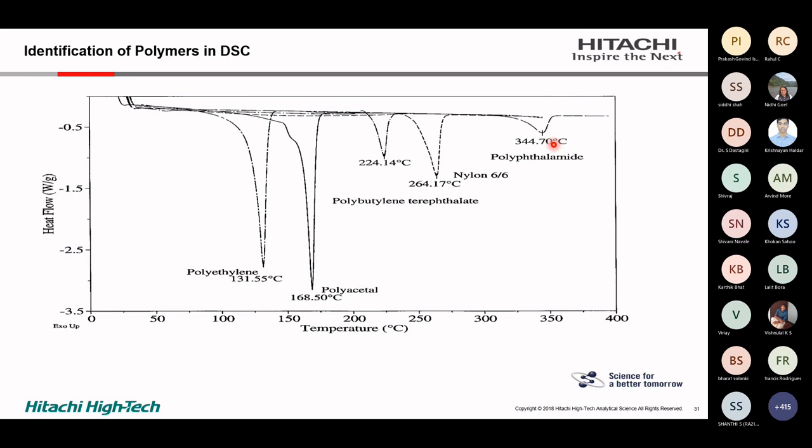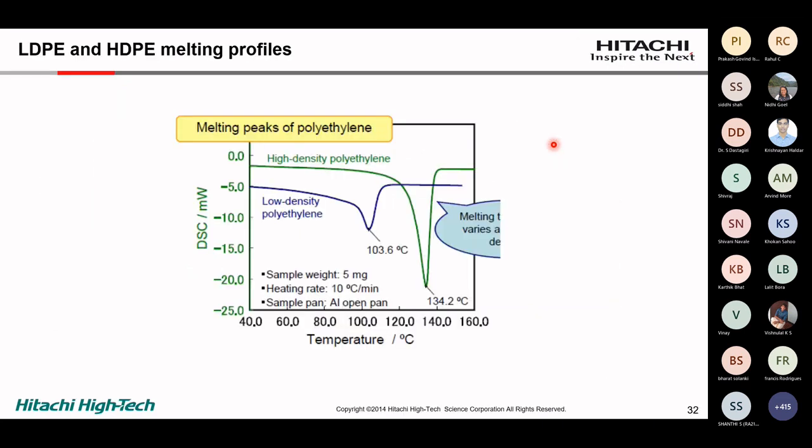And this melting range is well defined in the polymer handbook which we have. Another application of DSC is quick identification of polymers, shown here: LDPE and HDPE, because these are the two polymeric materials very widely used in the packaging industry. On the basis of their melting profile, you can quickly identify what type of polymer it is.